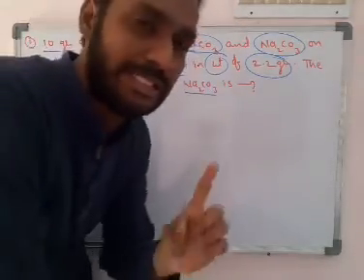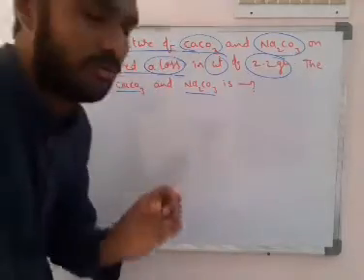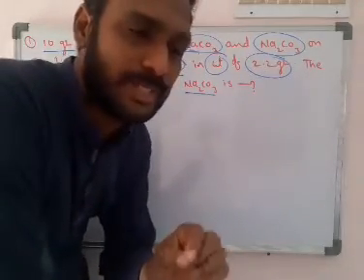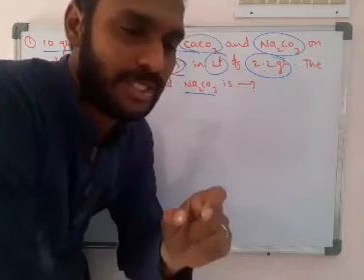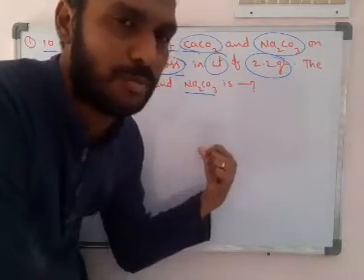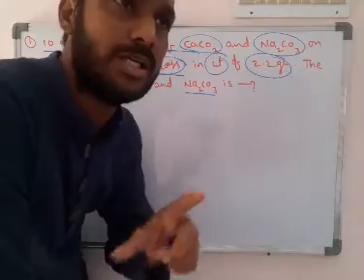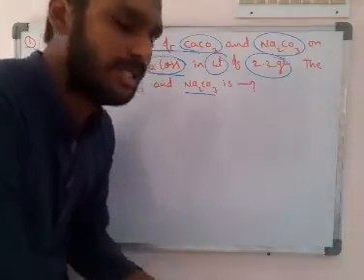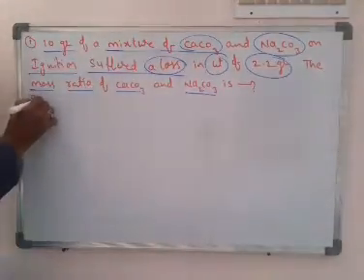We have to find, in that 10 grams, the initial weight of the mixture, what is the amount of calcium carbonate and what is the amount of sodium carbonate. Okay, we start the problem.